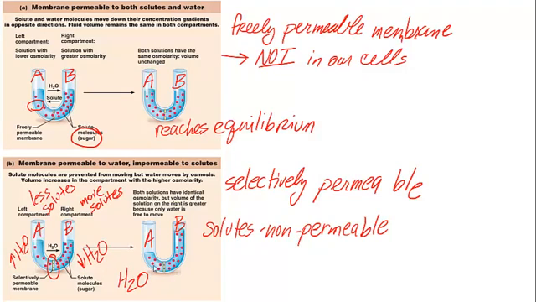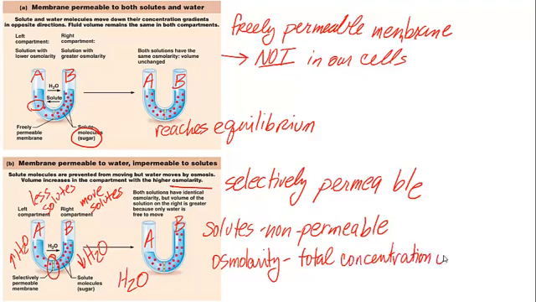Now we see that there is a different volume of water in each solution. The movement of water is dictated by a term which we call osmolarity, and osmolarity is defined in your textbook. Osmolarity is really the total concentration of solutes in the fluid.